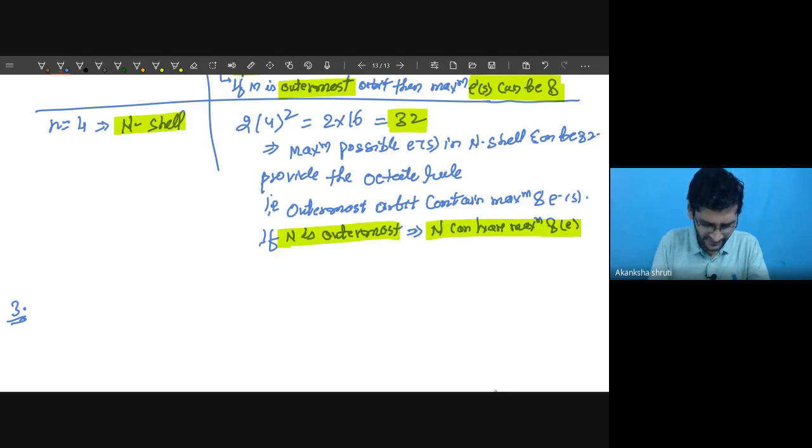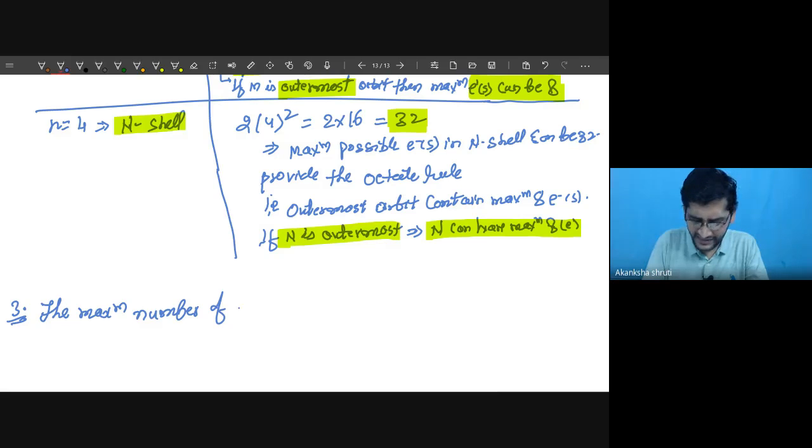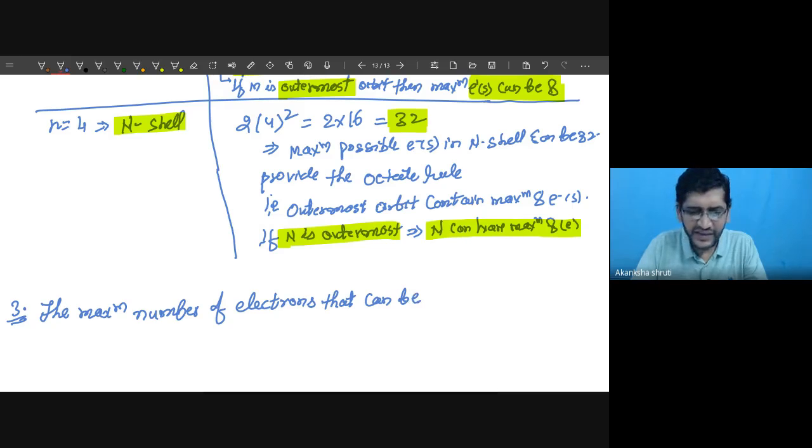So write the maximum number of electrons that can be accommodated. Accommodated means that can be contained or present.